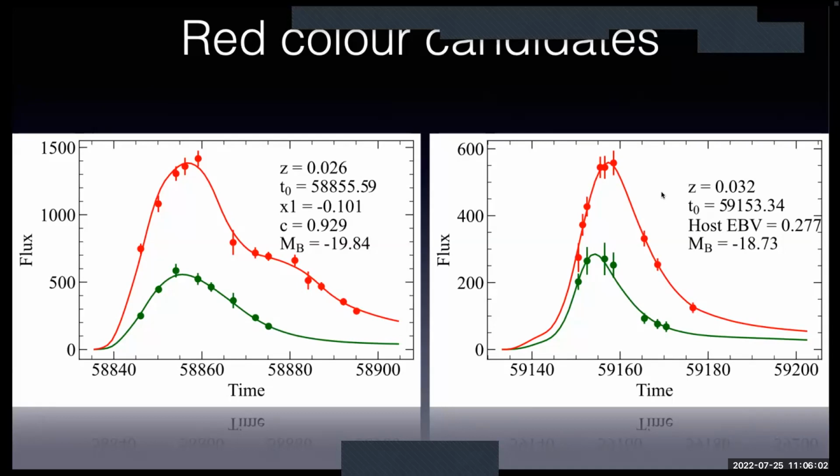I was asking about these sibling supernovae: is it possible that after a failed detonation or something, the same progenitor explodes again? Sorry, can you ask the question one more time? We had a little bit of trouble here. Okay, so this is regarding the sibling supernovae. Is it possible that after the first explosion, like a failed detonation or something like that, the same supernova is going to explode again?